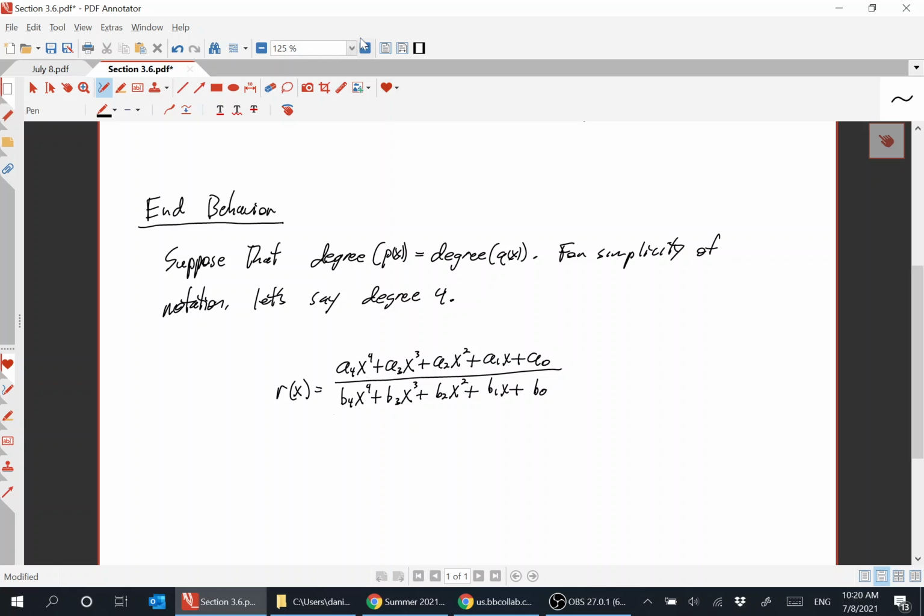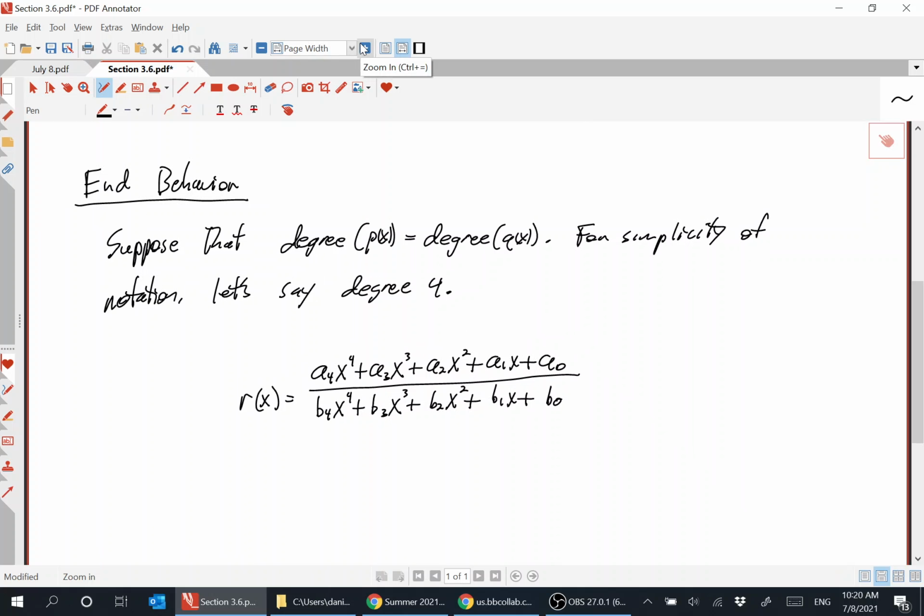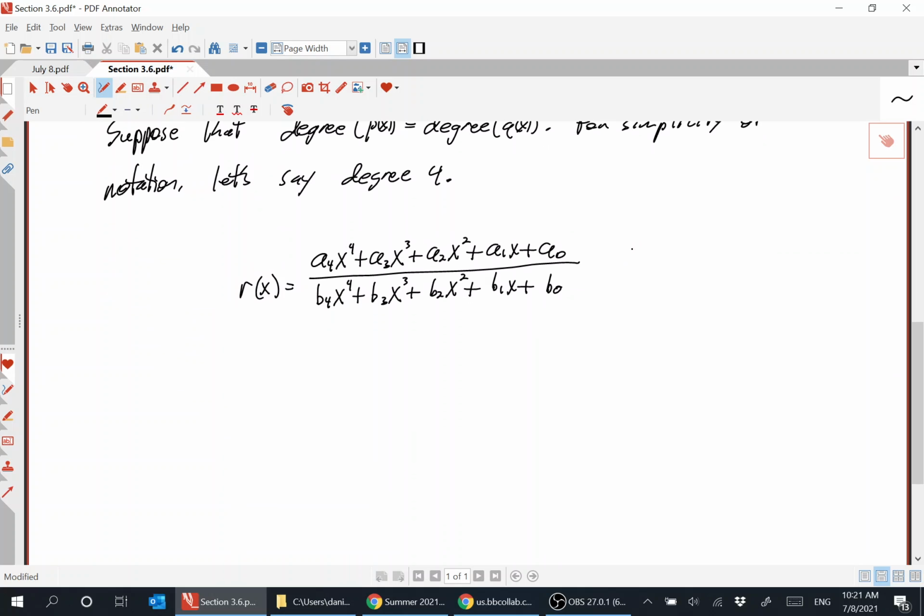If you're going to use different letters, you'd have a, b, c, d, e, f, g. You don't have to go through the whole alphabet, so you just use subscripts. They just mean different variables, but they're all called a0, a1, a2, a3, a4. Okay, what happens when x is big?